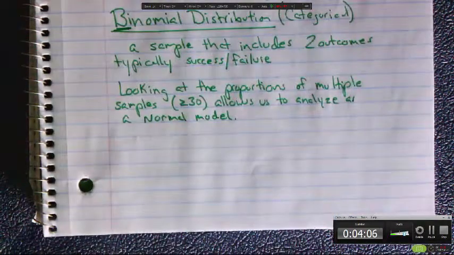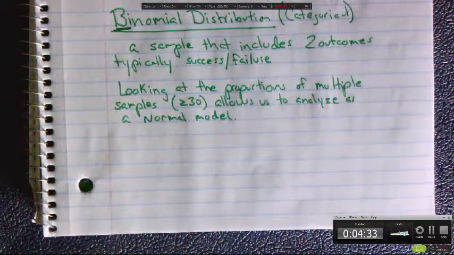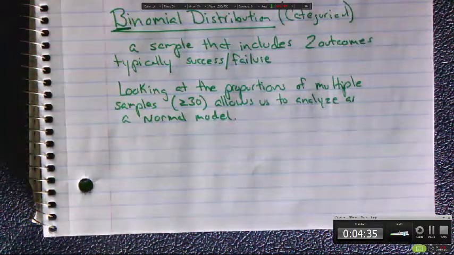That does not make each sample normal. Each sample is still a binomial distribution. It's either a yes or no. It's got 2 bars in its histogram. 2 bars cannot make a bell-shaped curve. But if we look at a bunch of samples of the same kind of survey, the proportions all combined can be looked at in terms of a normal model. So that's a big thing to make note of and remember from this section.